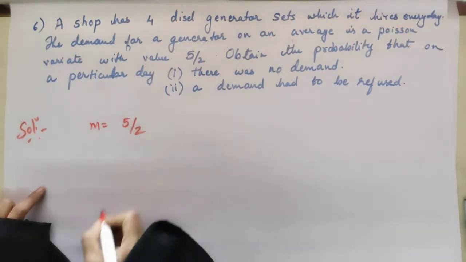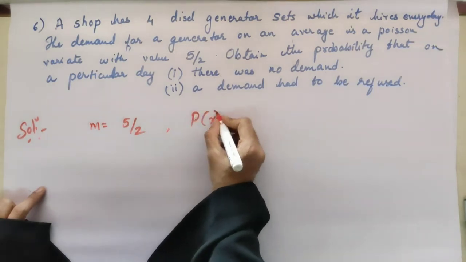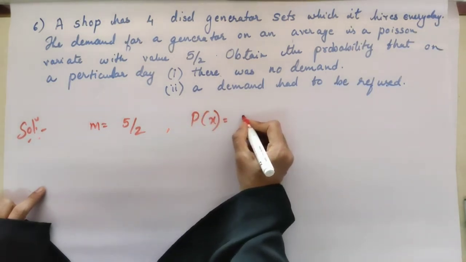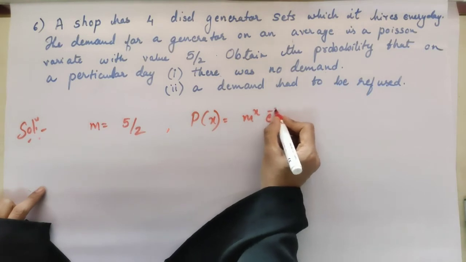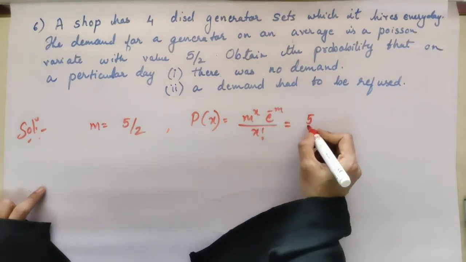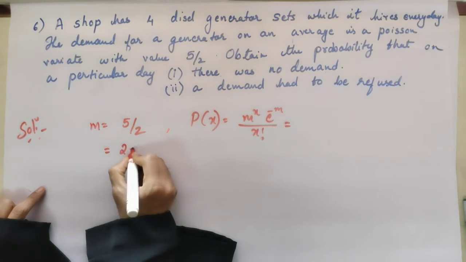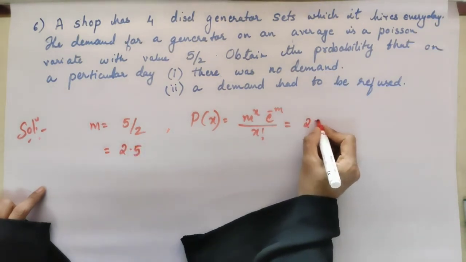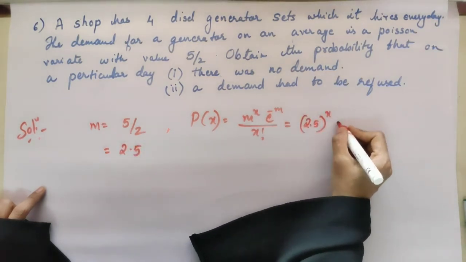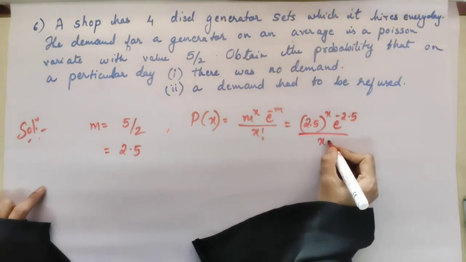Since it is given, the Poisson distribution P of x is equal to m to the power x, e to the power minus m, divided by x factorial. Accordingly, it will be 5/2 raised to x. Now 5/2 is 2.5, is it not? So it is 2.5 raised to x, e to the power minus 2.5, divided by x factorial.